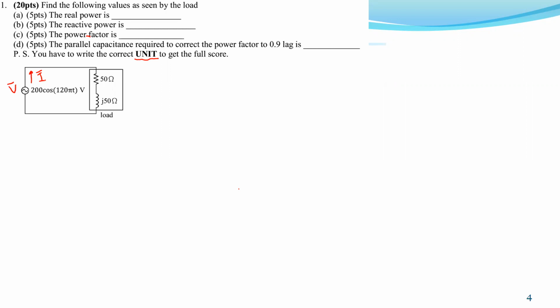So we need to calculate V and I. Suppose we have V, this is angle theta V. And then we calculate the phasor current I, angle theta I. And we define theta Z equals theta V minus theta I.